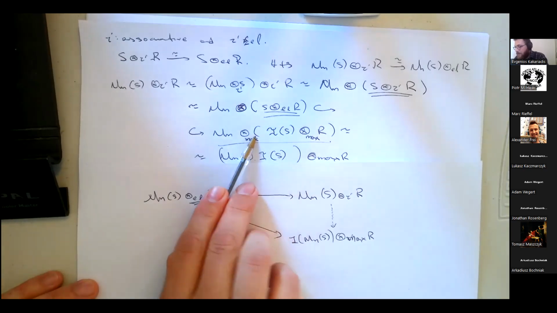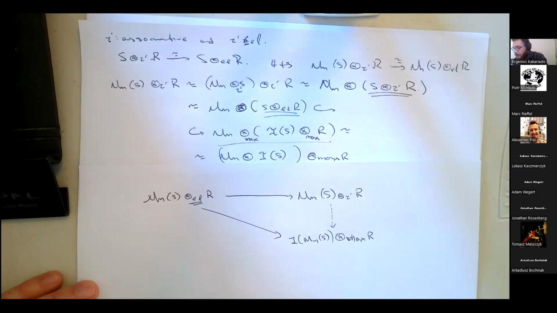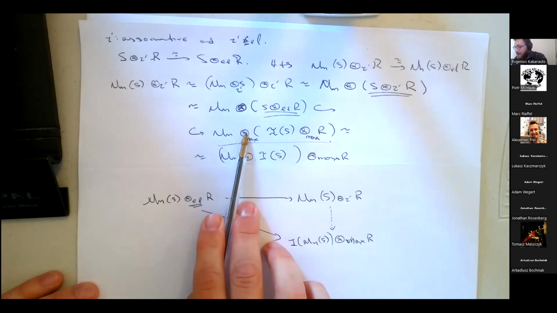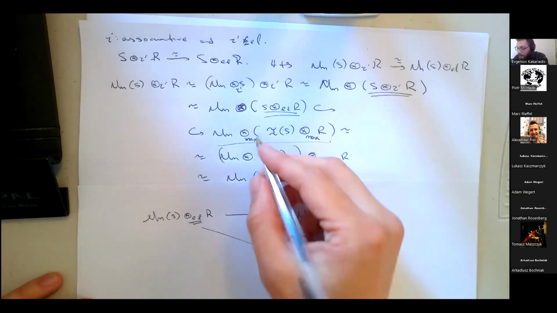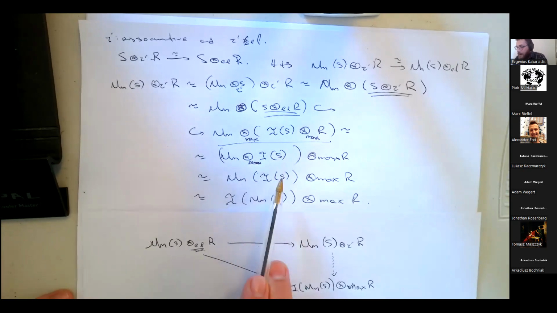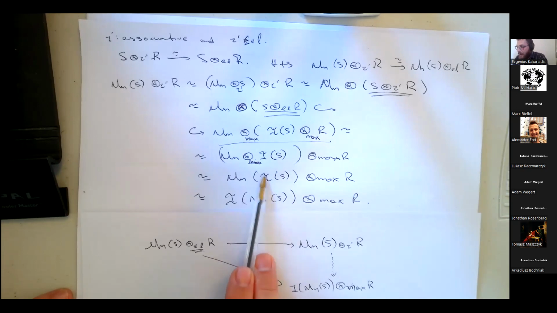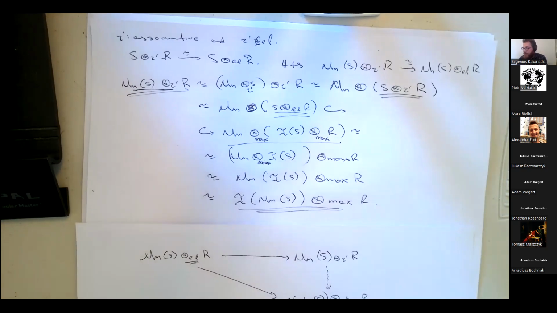I wrote max again. Mn is nuclear, so if I write it or don't write it, it's the same thing. But if I write max, I have max here and max here, so again I can move brackets. I can use associativity of the maximal tensor product and have max here or not. Putting them together, that's Mn of the injective envelope, and Mn and the injective envelope operation commute, and that's how you pass from an embedding from here into here.